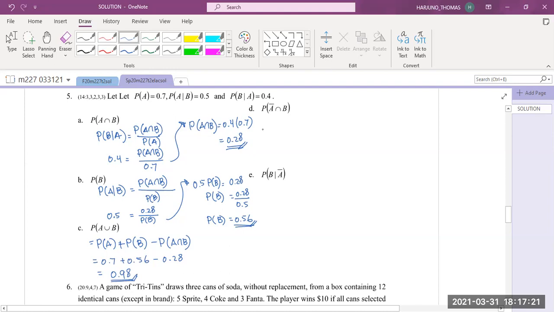Now, how about probability of not A but B? That's probability of B minus probability of the intersection. 0.56 minus 0.28, that is 0.28.